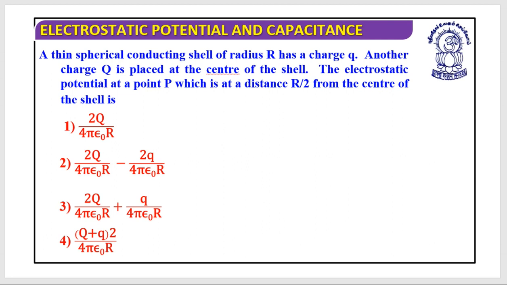Let's look at what the data is saying. They say that a thin spherical conducting shell of radius r has a charge q. Another charge q is placed at the center of the shell. The electrostatic potential at point P, which is at a distance of r by 2 from the center of the shell. So how can you do this?